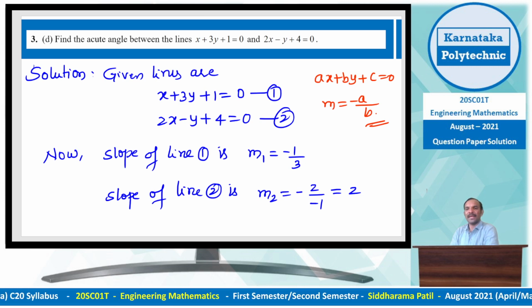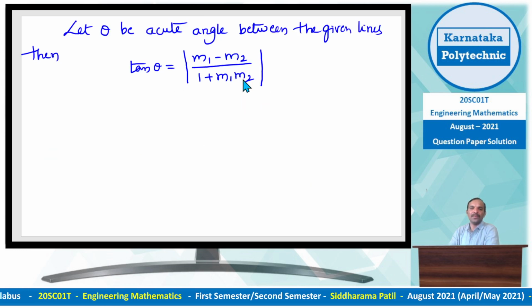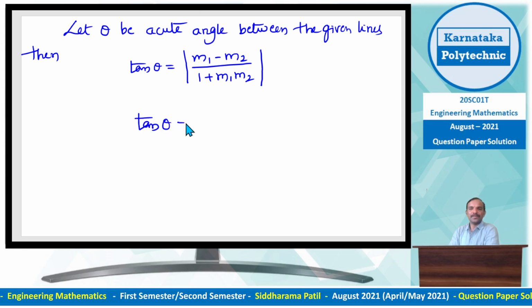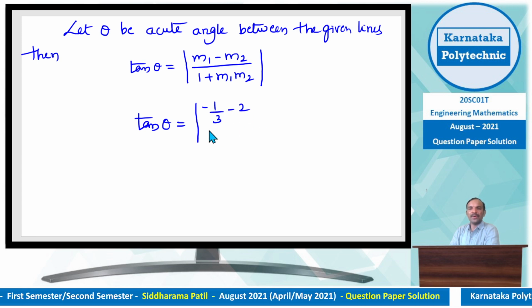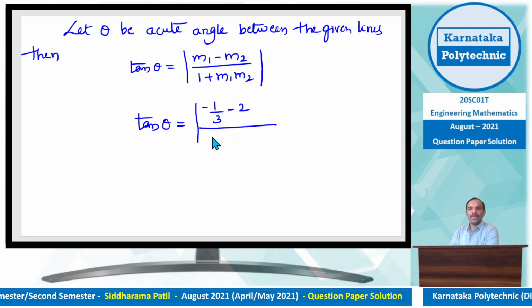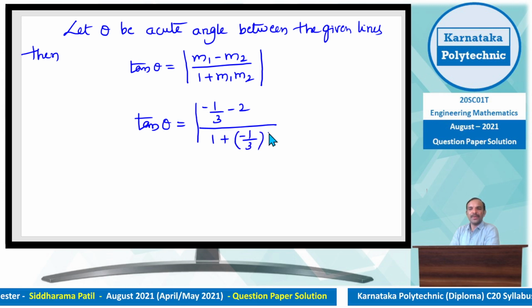m1 is minus 1 by 3, m2 is 2. Therefore, tan theta equal to, m1 is minus 1 by 3 minus m2 which is 2, divided by 1 plus minus 1 by 3 into 2.